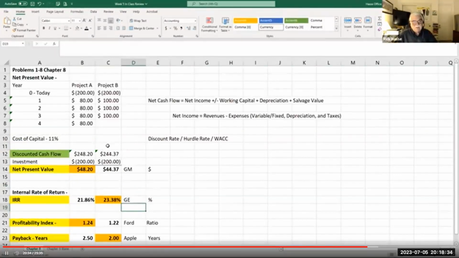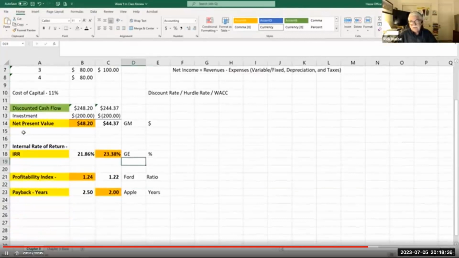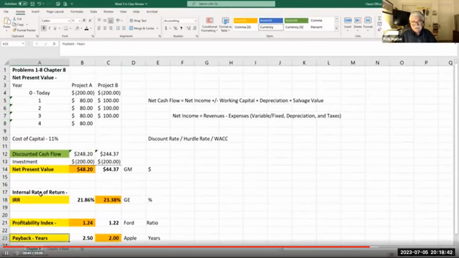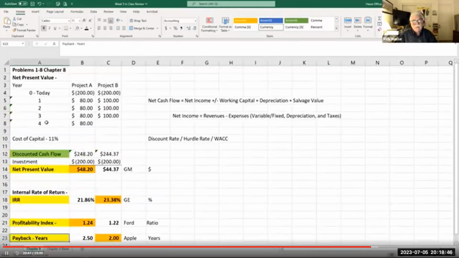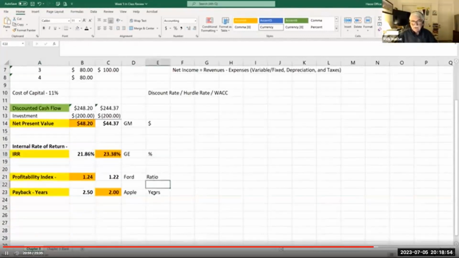Chapter 8 is all about the 4 methods. They actually talk about 6 in the chapter, but these 4 are the only ones that you need to be familiar with, that you'll use in future classes, and they're the most popular. How much is an investment going to return to us in dollars, percent, ratio, and payback analysis?